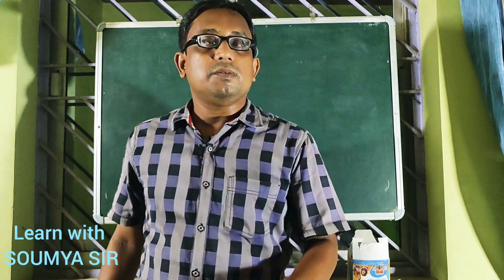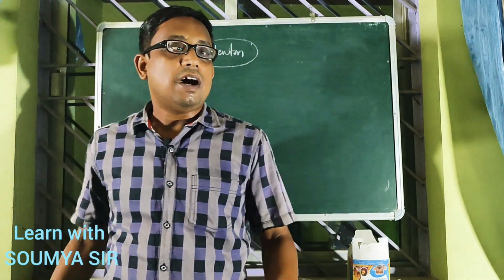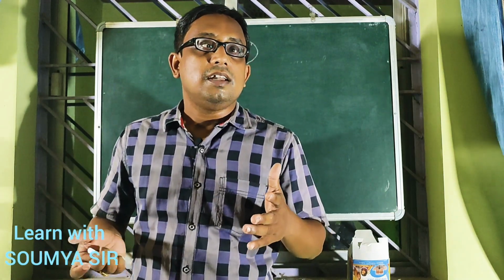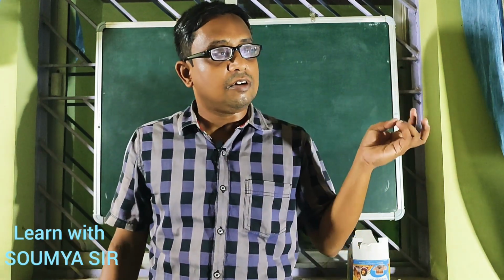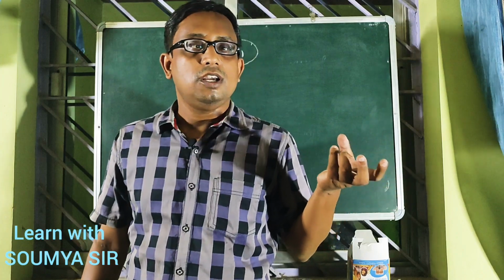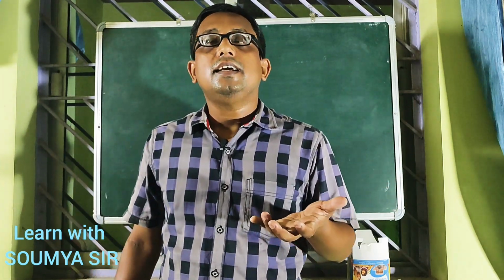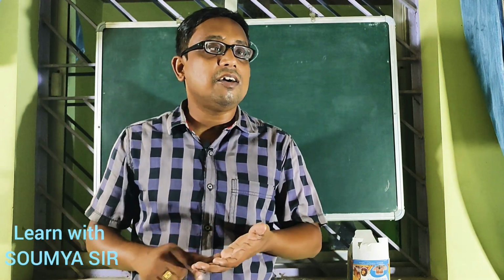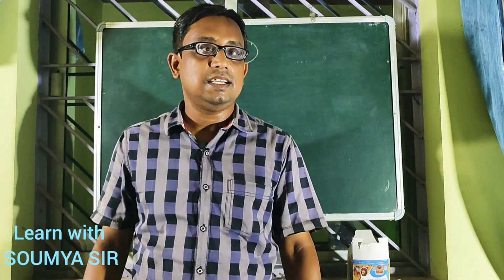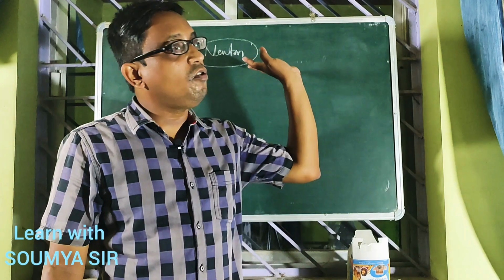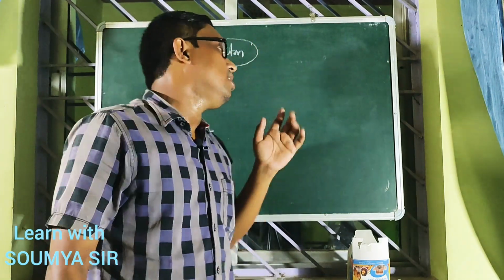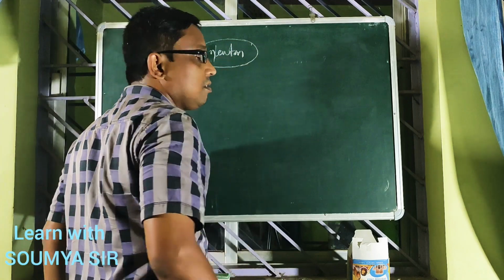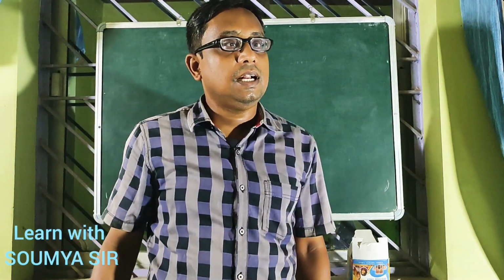There are two types of units. In one type, the units are named after a scientist, like Newton, Coulomb, Joule, etc. If the units are named after a scientist, while writing the full form of the unit, the first letter should be a small letter in every unit.